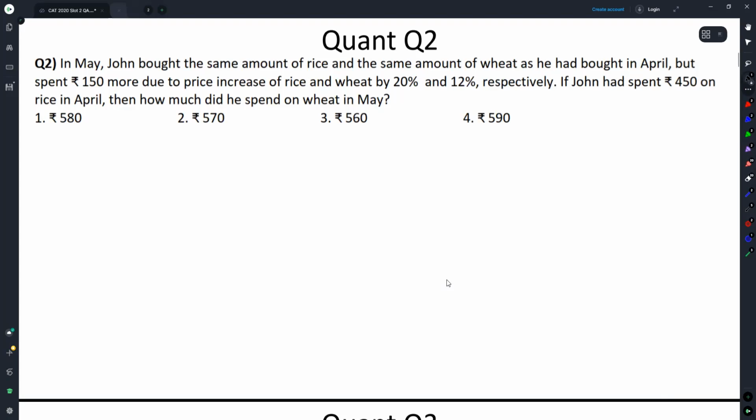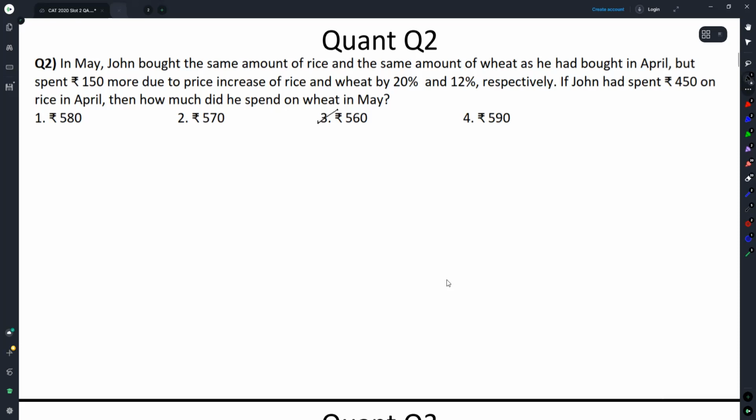If John had spent 450 on rice in April, then it had to increase by 20%, 90 rupees increased, so the remaining 60 rupees increased on this. 60 rupees is equal to 12%, so 5 rupees is equal to 1%. So wheat was 500. Then how much did he spend on wheat in May? 12% extra was added, so it will be 560.